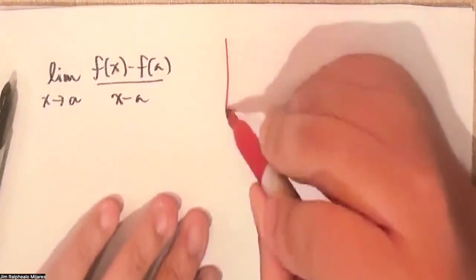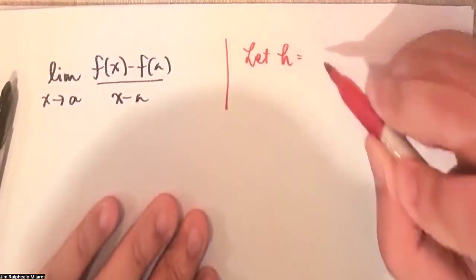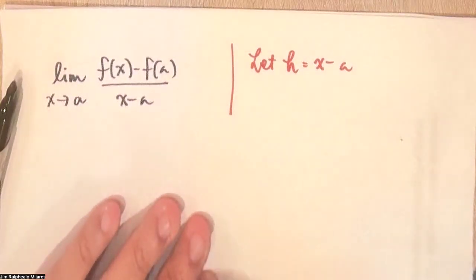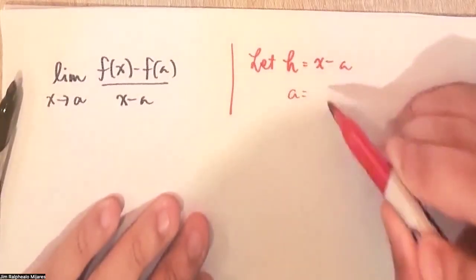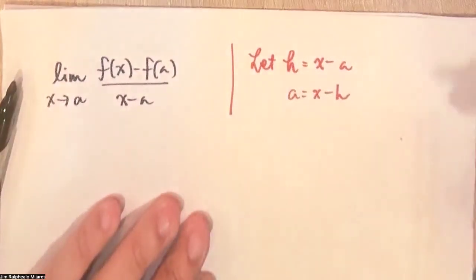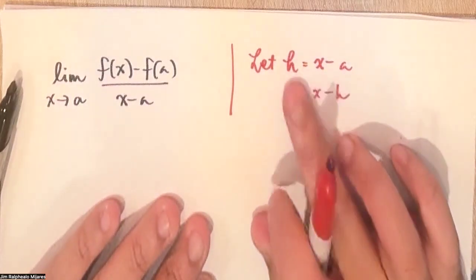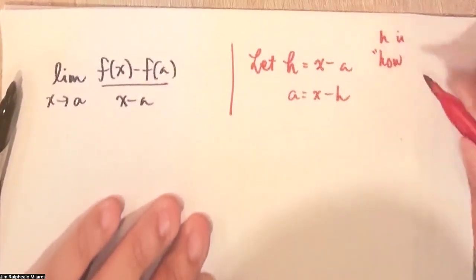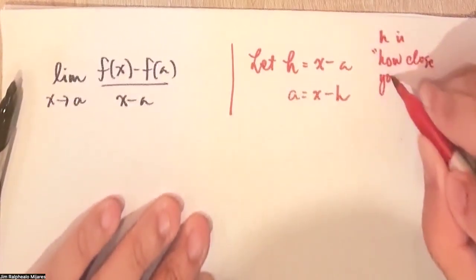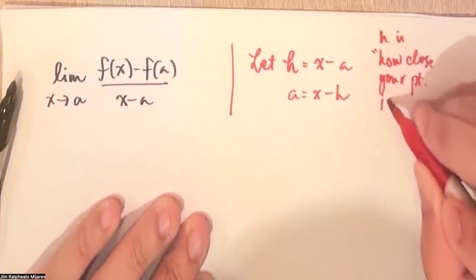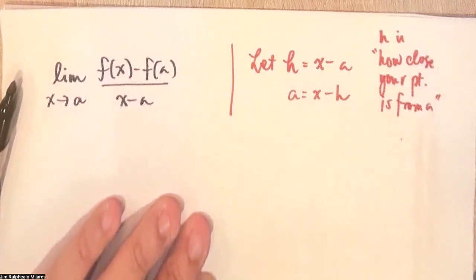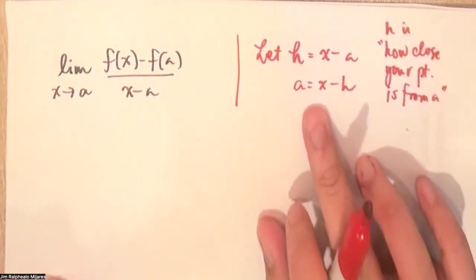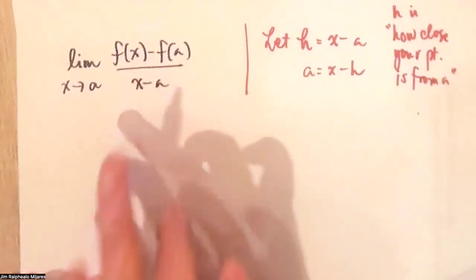Let h be equal to x minus a. You can think of h as how close your point is from a. Now, using this labeling, we can rewrite this.